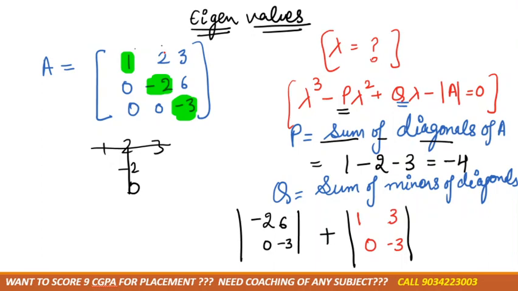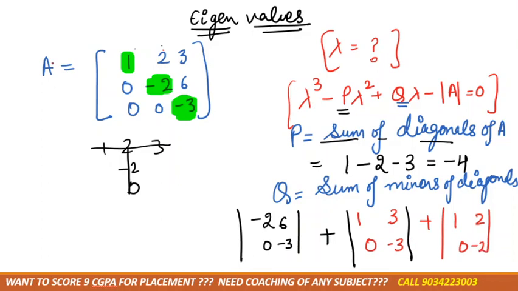Basically for 2 we'll leave this row and this column, plus again for the third one we'll leave the third row and third column. Then what is left? 1, 2, 0, minus 2.